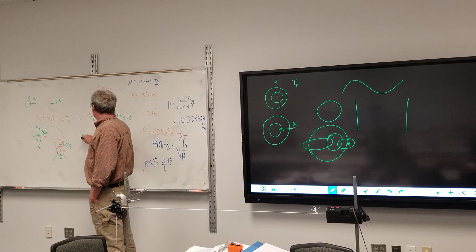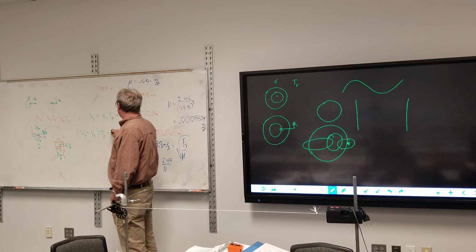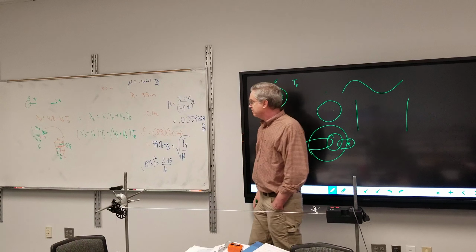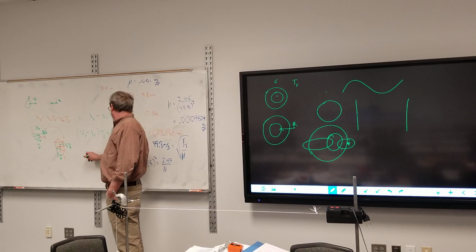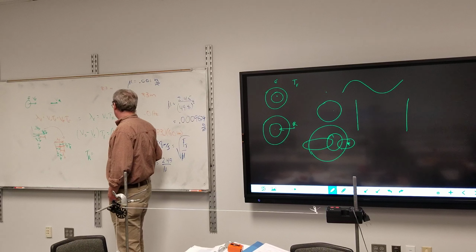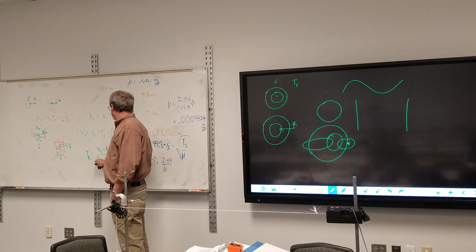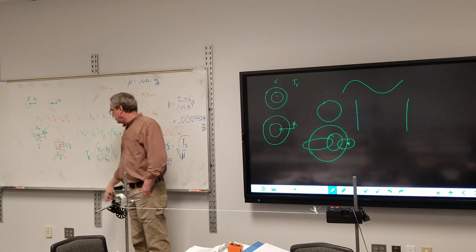So I get (v_s minus v_e) times the period from the emitter's point of view is equal to (v_s plus v_r) times the period from the receiver's point of view. Since I'm concerned about this one right here, I get t_r is equal to (v_s minus v_e) divided by (v_s plus v_r) times the period from the emitter's point of view.